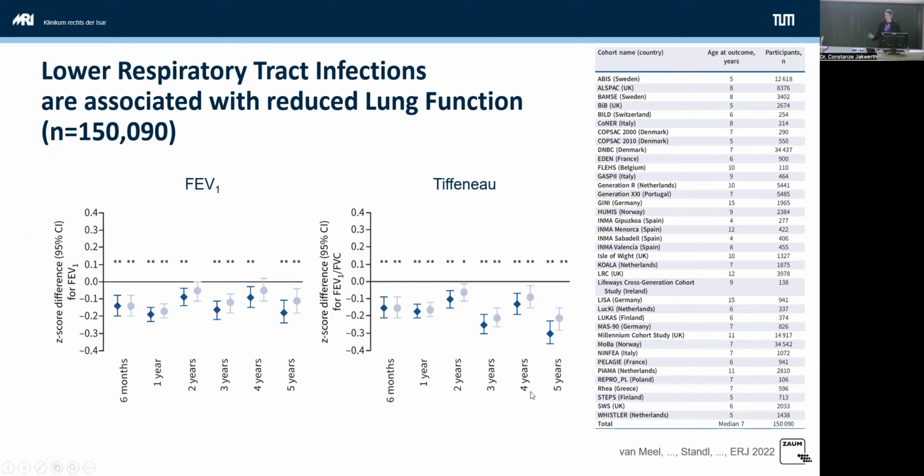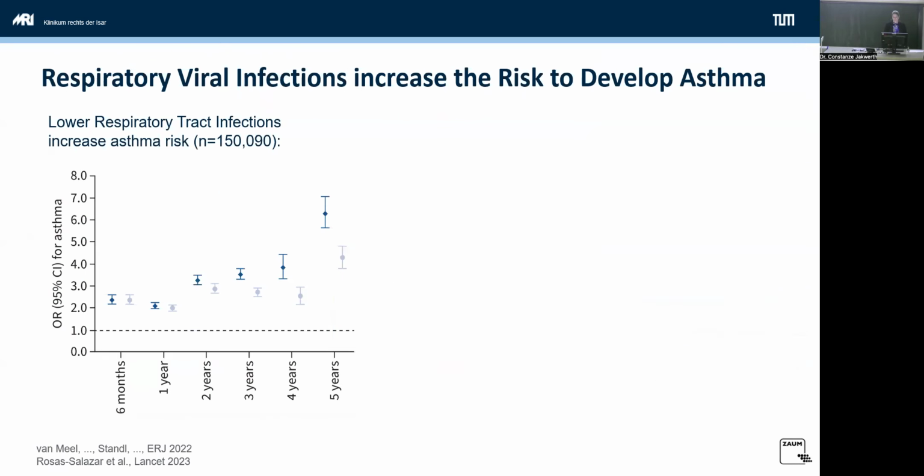And I can tell you that this lung function does usually not get better. So if you take the wrong path, this is what I will conclude with, then you might not get the perfect lung function you would like to have as an adult in the end. These children also are at a higher risk to develop asthma.